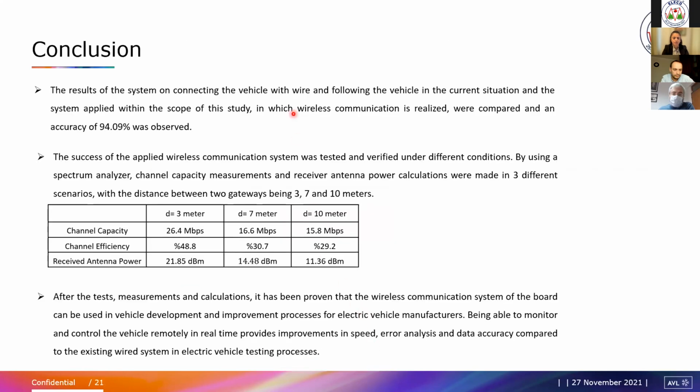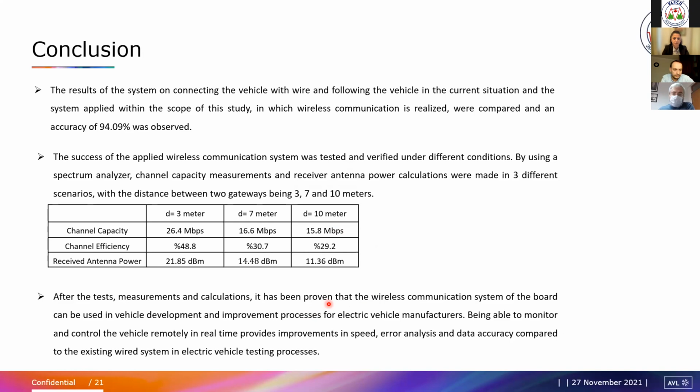As a conclusion, we mainly implemented the wireless gateway to receive and send data and control the vehicle wirelessly, and our accuracy is up to 94%. After that, we implemented 3 different scenarios to check our implementation, and our channel capacity is quite okay for the different scenarios. Mainly, we saved time, because as I mentioned, we needed to spend maybe 3 or 4 hours per day without the computer.